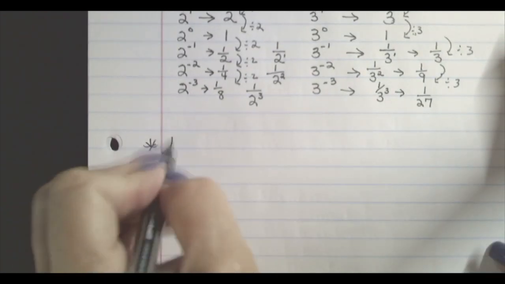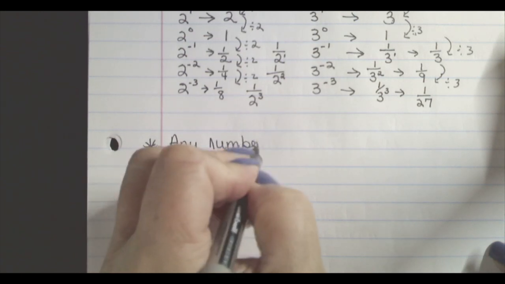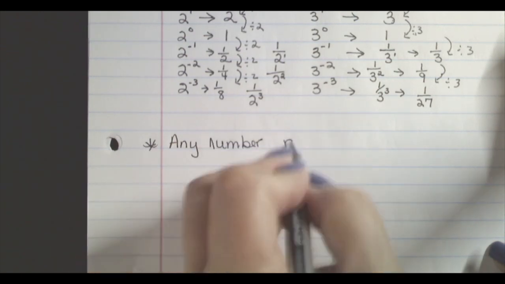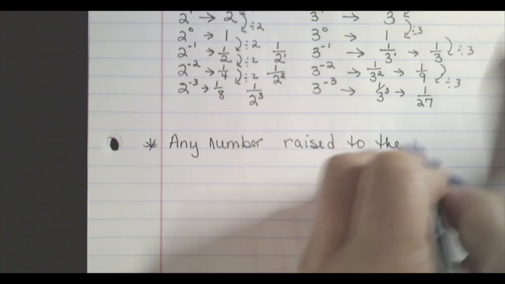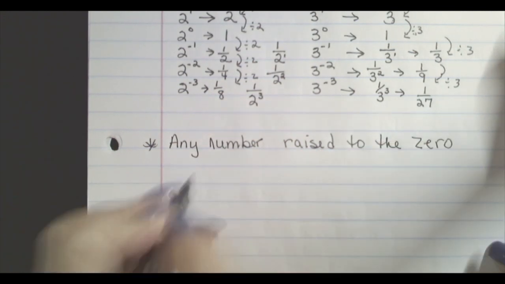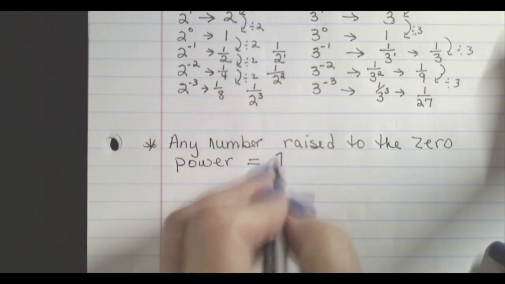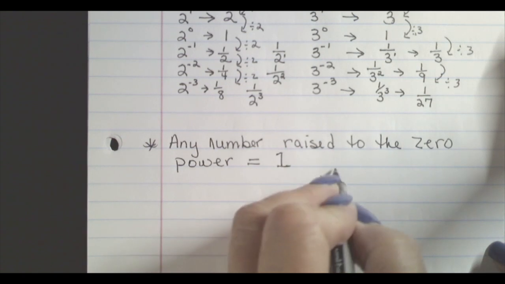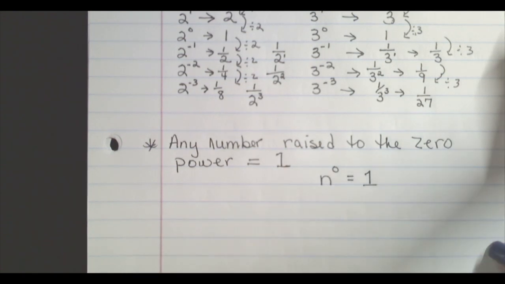Okay, so any number raised to the 0 power equals 1. So any number n to the 0 power is equal to 1.